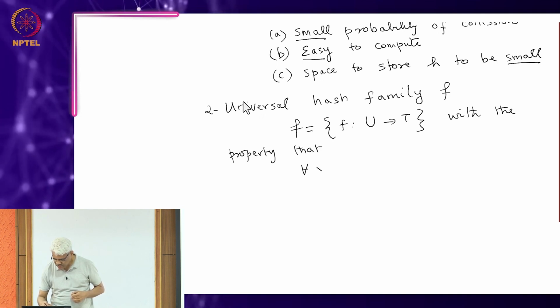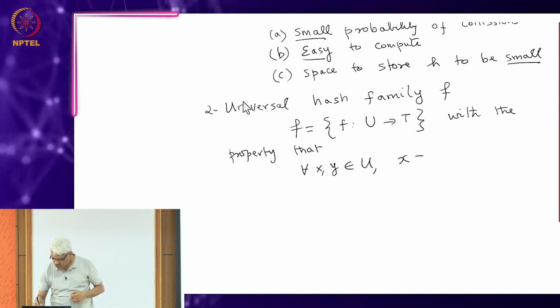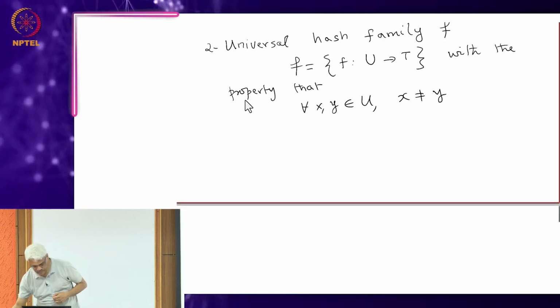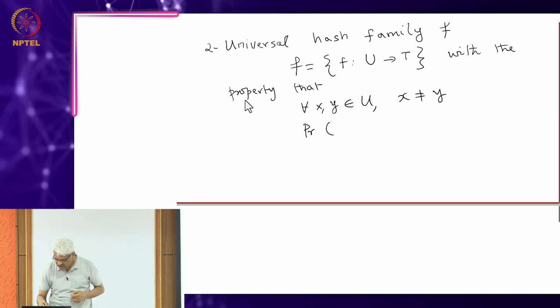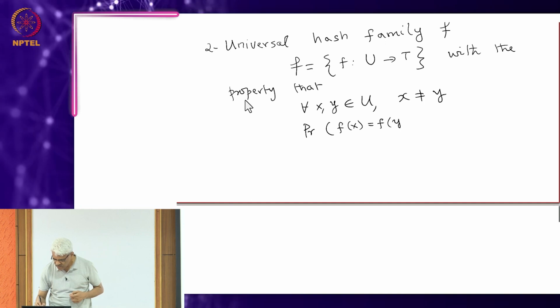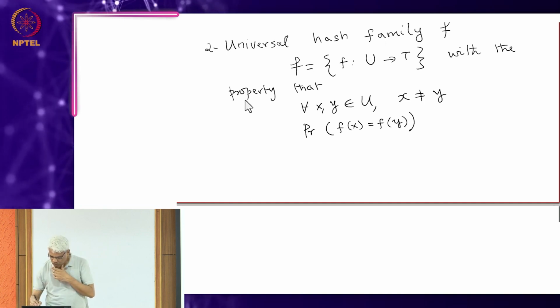For all x, y in U, x is not equal to y, the probability that h of x equals h of y is pretty low. So what does low mean?